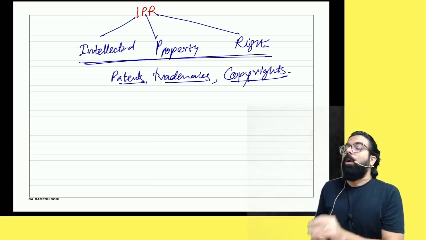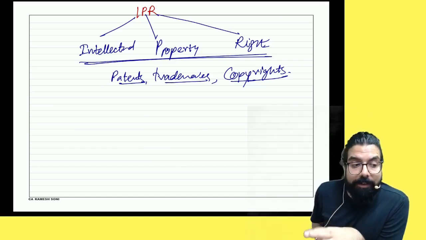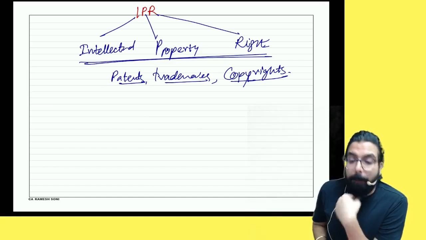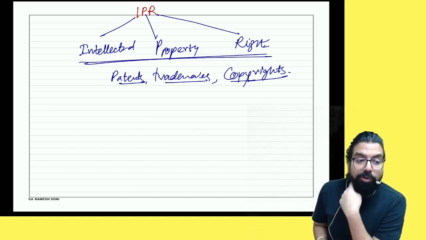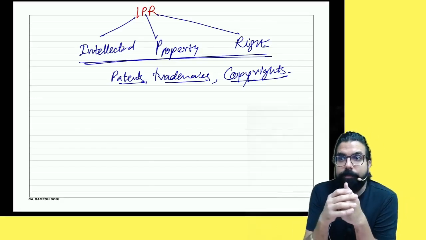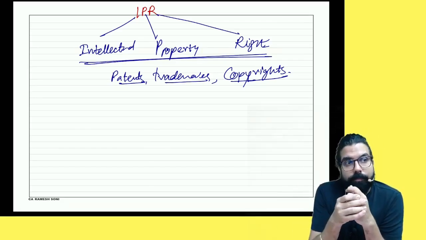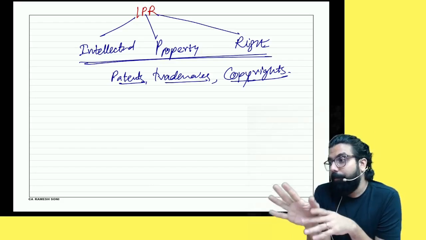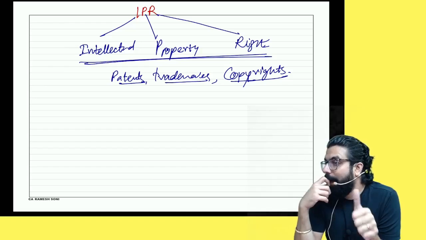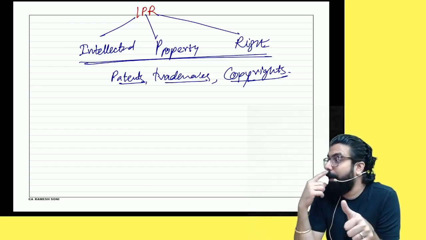Copyright, trademark, patents are goods or service, first of all? Goods. Why goods? Okay. See. What is immovable? Land. Is trademark, copyright land?